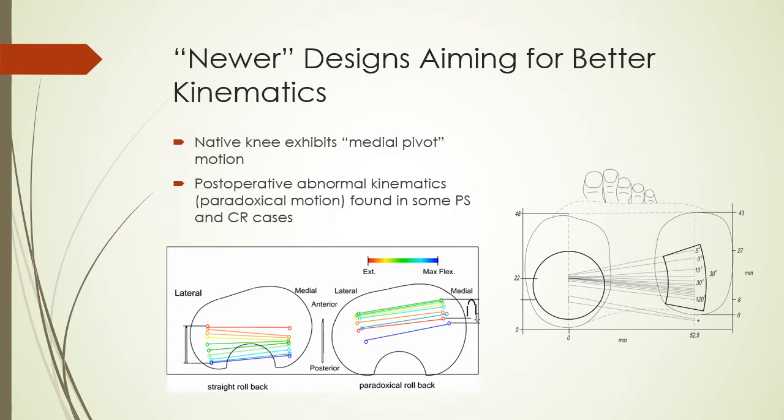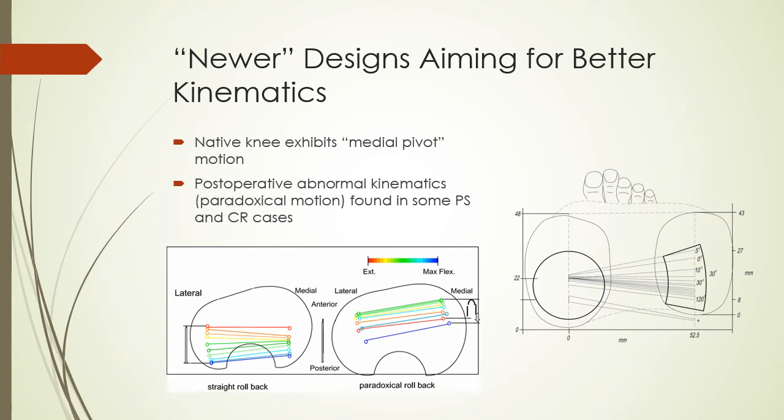The newer designs we are going to talk about have a goal, in general, of achieving not just survivorship and clinical outcome, but really better natural kinematics. What we know about native knees is that they exhibit medial pivot motion during the range of motion.